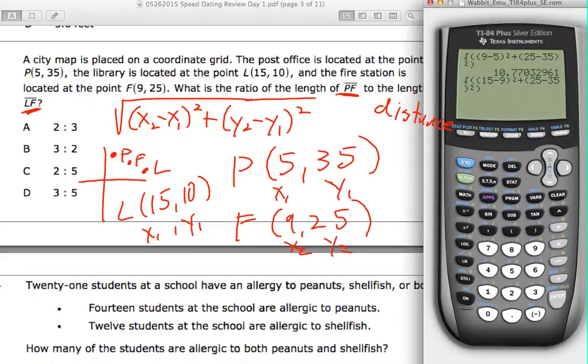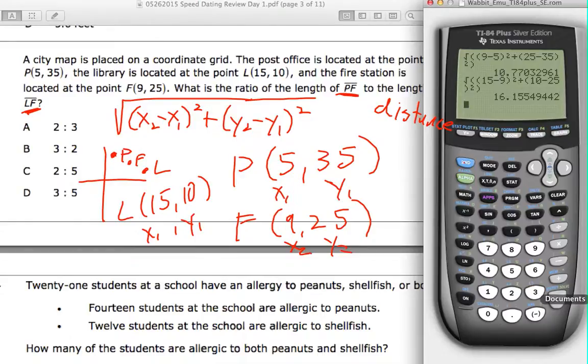And then instead of 25 and 35, we're going to be using 10 and 25. So let's just change this to 10 minus 25. And what we should get is the other distance. So let's see here. We have our two distances, 16.155, and we have 10.77.